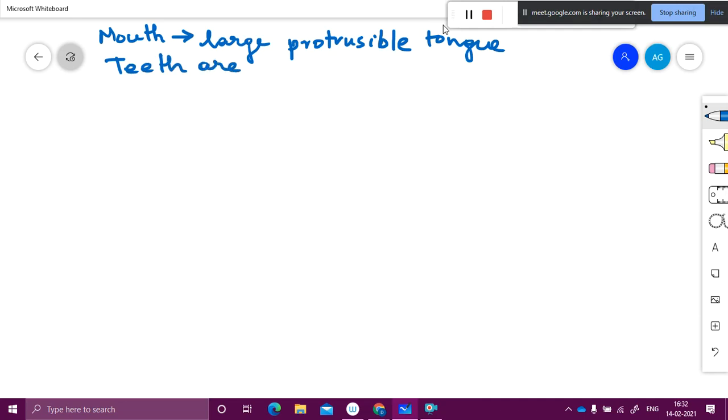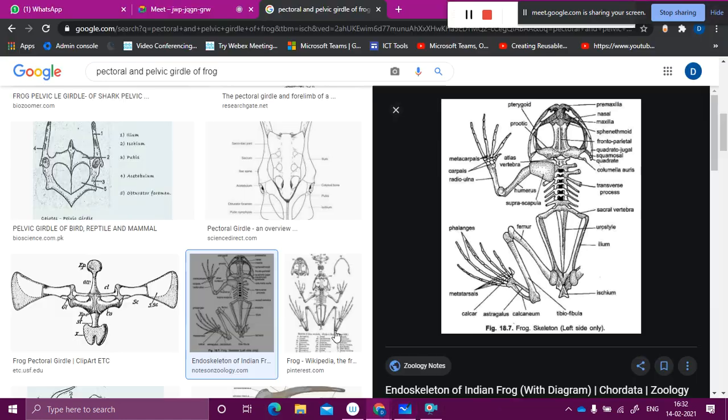Teeth are of homodont type. Now what is a homodont type? I will now show you a picture of what homodont teeth are.